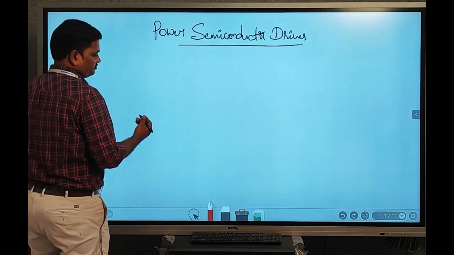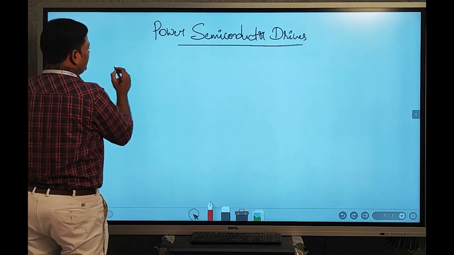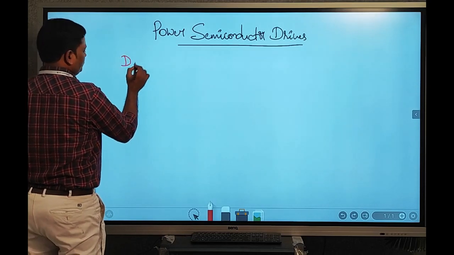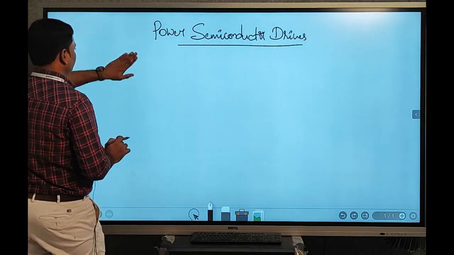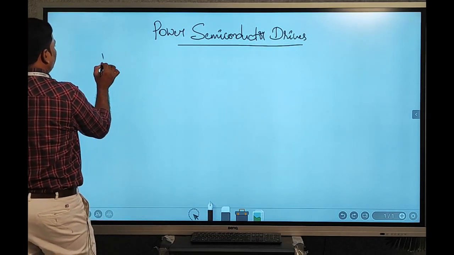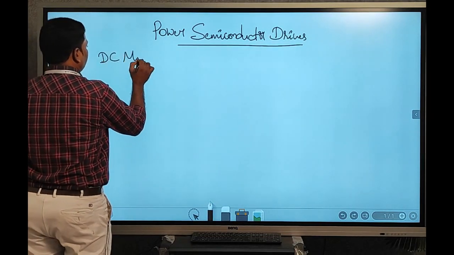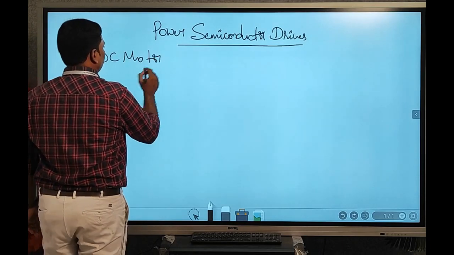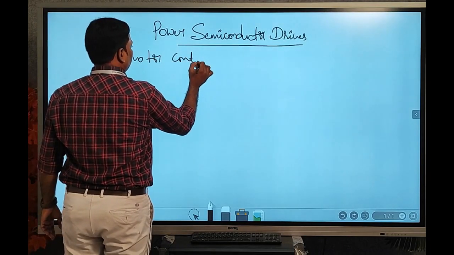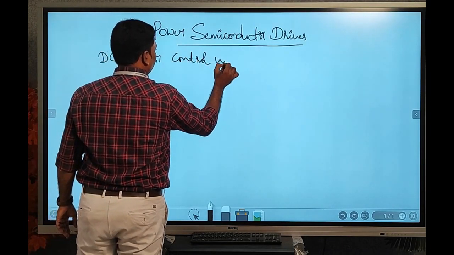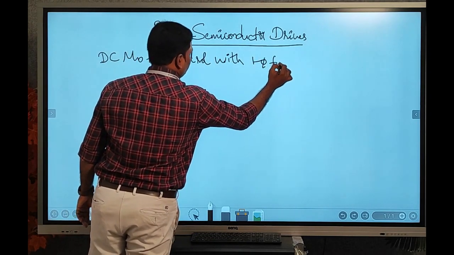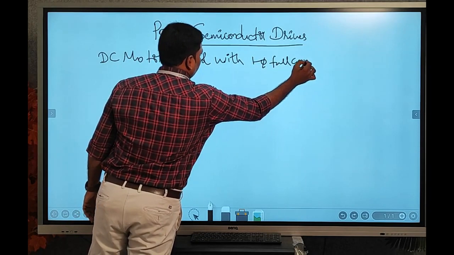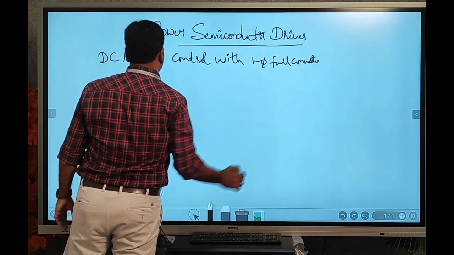So controlling a DC motor, we can do it with a single phase full converter.